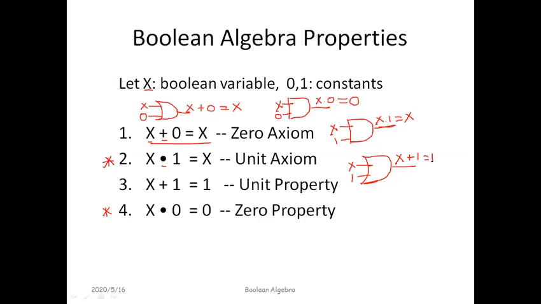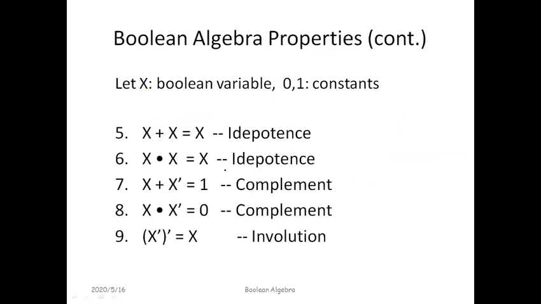Okay, so these are some of the basic Boolean properties. Let's continue with some more properties.